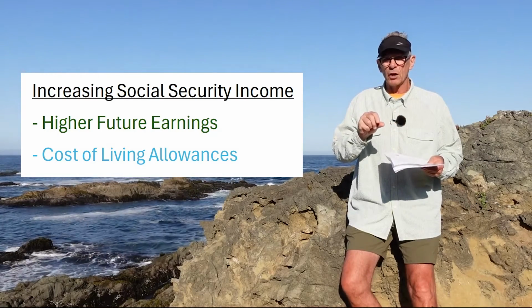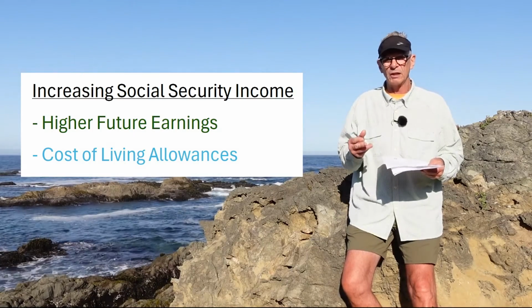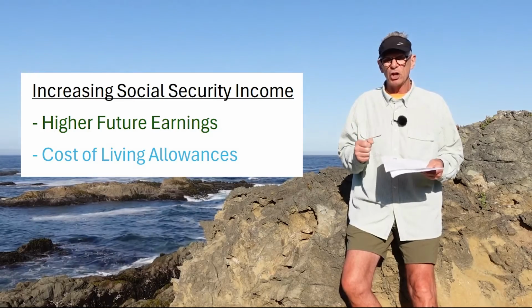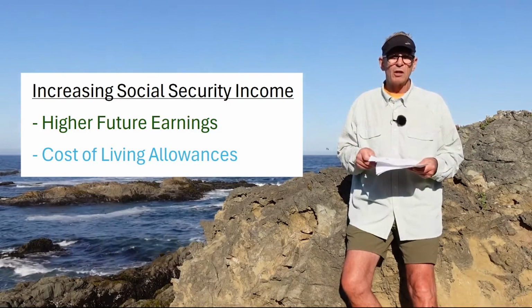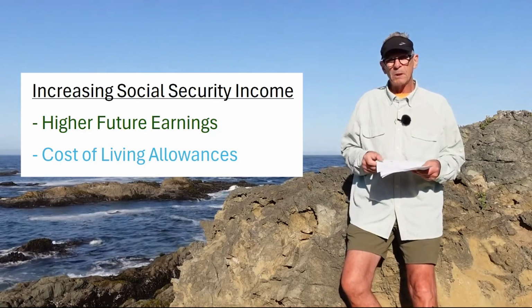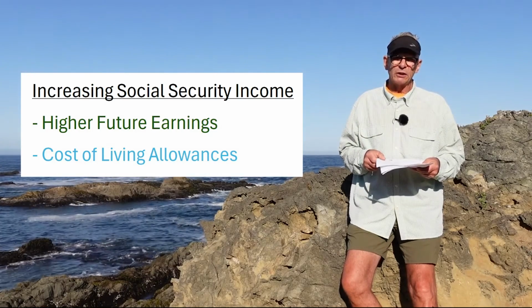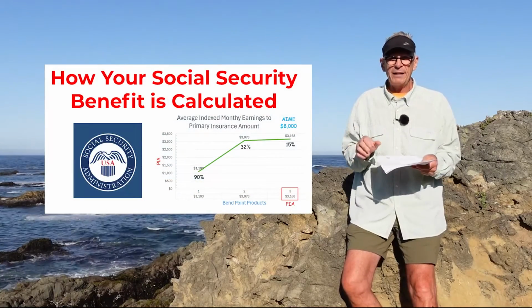So it's not inflated at all, but the PIA will be adjusted for cost of living allowances that apply to everyone's Social Security in January. So I think in January 2025, it was like a 2.5% cost of living allowance. So that bumps up everyone's payment. So your PIA will increase because of cost of living, but future earnings are the big one. So that's how it's calculated in a nutshell.